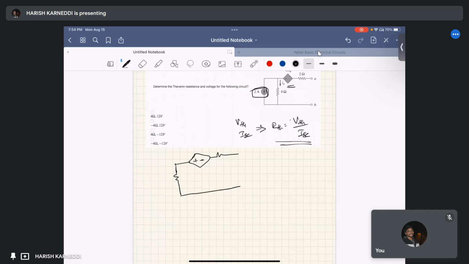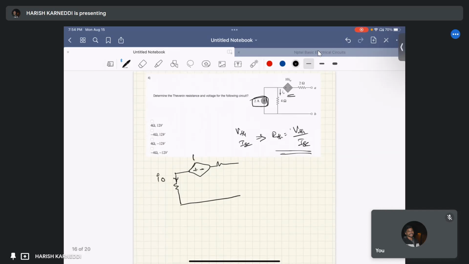So this I naught still exists, and this is 10 I naught, and this is 2 ohms. This is 4 ohms.